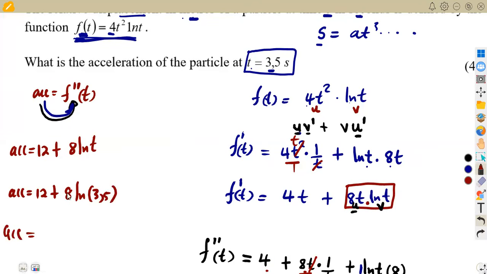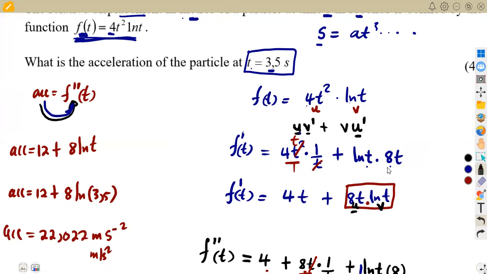Take note about this part that we are given. It simply means that in place of t, you substitute the value of 3,5 that you're given. From your calculator, you're going to obtain something like 22,022 meters per square second, which you can also write like this.